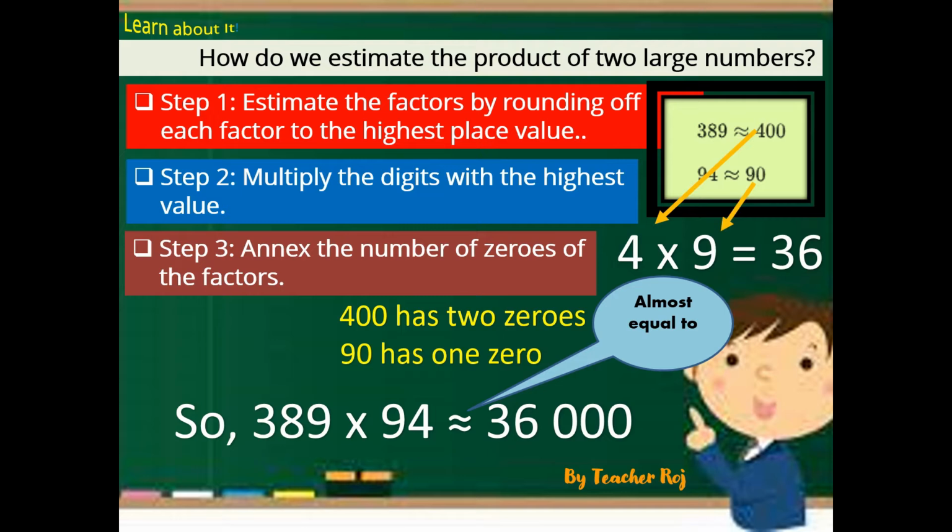So, that's 4 times 9, 36, at idinagdag mo lang ang mga 0. So, tatlong zeros yan mula doon sa 400 at 90, kaya yung 36, tapos dugtungan ng tatlong 0, it's 36,000. Yes, di ba? Napakadali. Tandaan lang yan, lagi yan, no? I-round off palagi to the highest place value ang mga numbers. Okay? Yan.